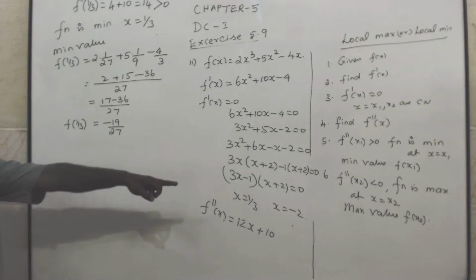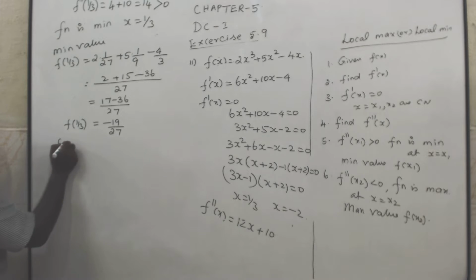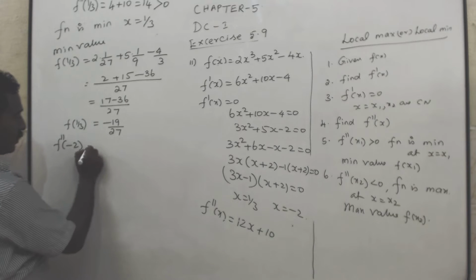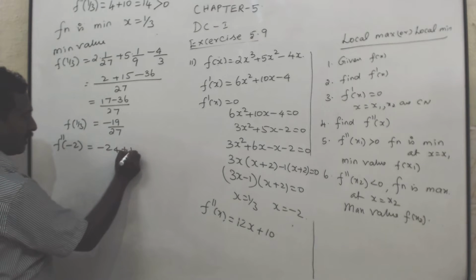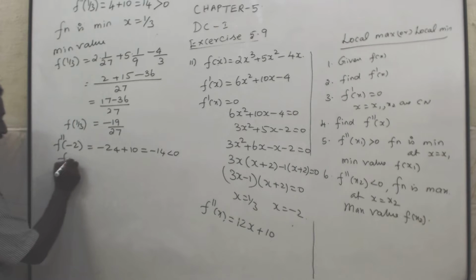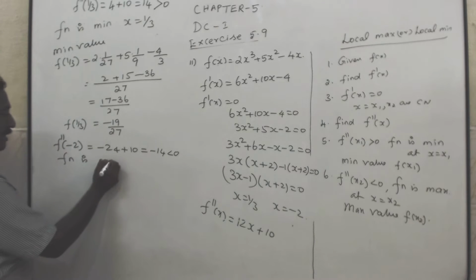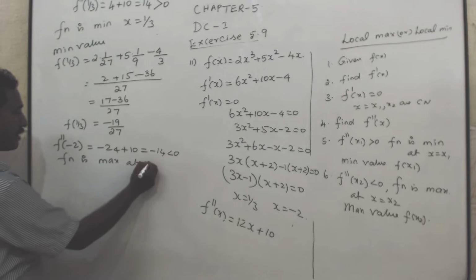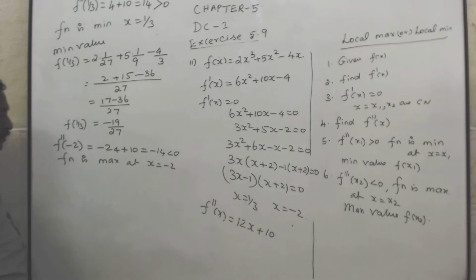Next, you have to verify for x is equal to minus 2, f double dash of minus 2. f double dash of minus 2 means minus 24 plus 10, minus 14, less than 0. Function is maximum at x is equal to minus 2. You know how to find out the maximum value.